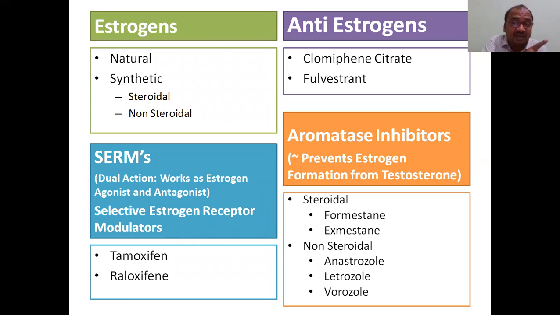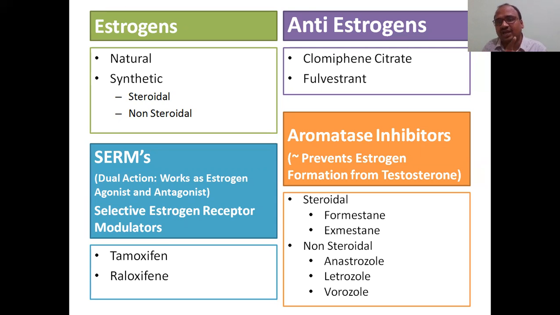It converts into estrogen through the aromatization process. It has appeared a number of times in the question paper. What is the meaning of aromatization? Aromatization is the process of conversion of testosterone into estrogen. That process will be inhibited by the aromatase inhibitors.